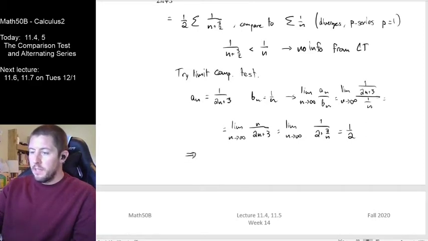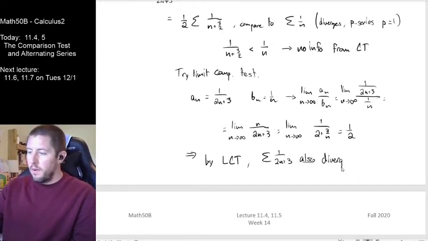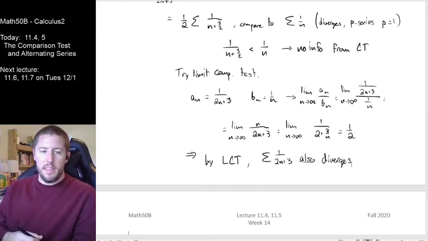So by the limit comparison test, 1 over 2n plus 3 also diverges. The "also" is important because the whole reason we knew this was dependent on our knowledge that this series diverged.